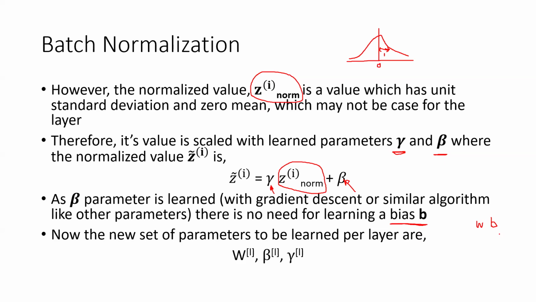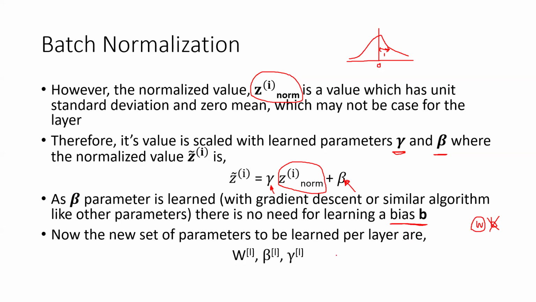But now this beta also includes the information related to the B. So once you are using this batch normalization, you don't need to learn bias B in the neuron. You only have to learn the W but not B, right?